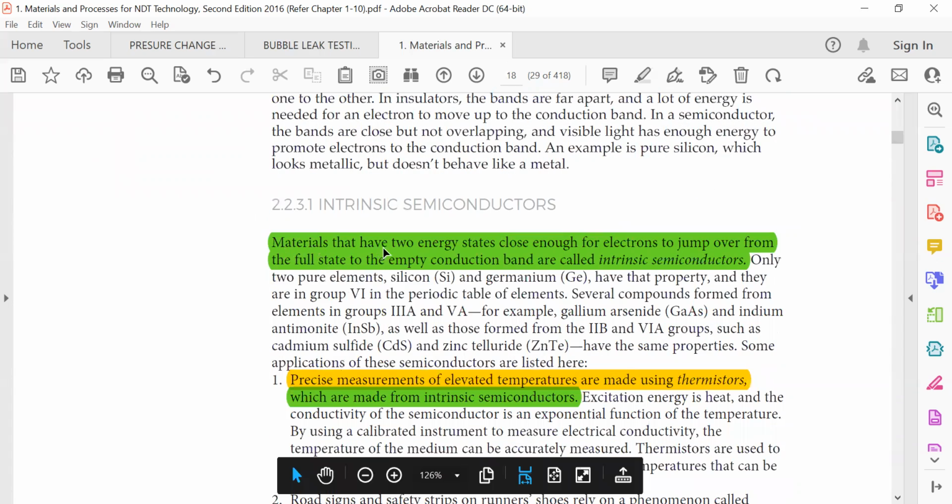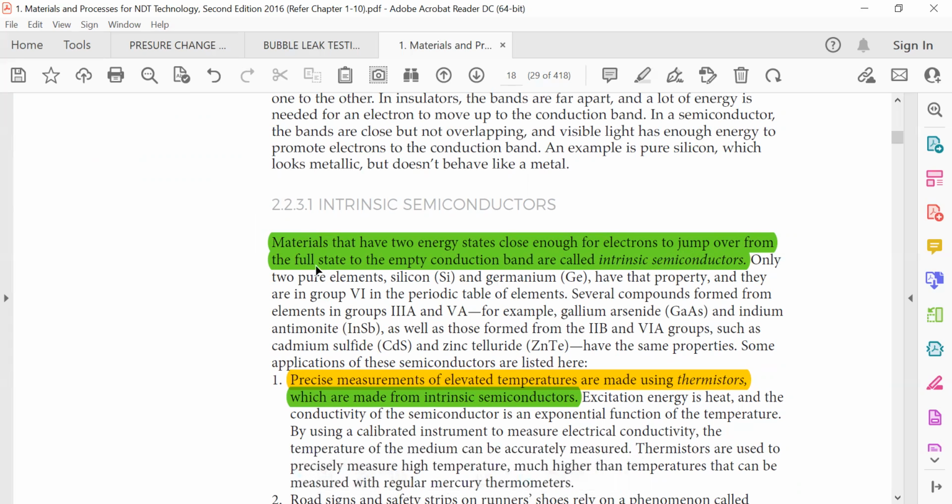Intrinsic semiconductors: materials that have two energy states close enough for electrons to jump from the full state to the empty conduction band are called intrinsic semiconductors. So there are silicon, germanium, gallium arsenide, indium antimonide, cadmium sulfide, zinc telluride, all these intrinsic semiconductors.